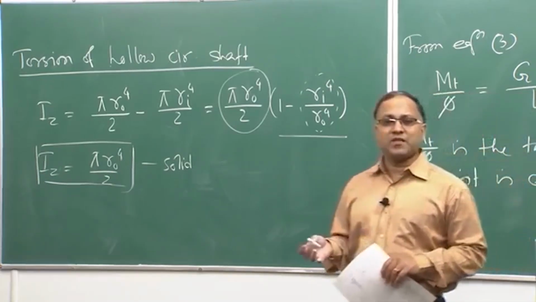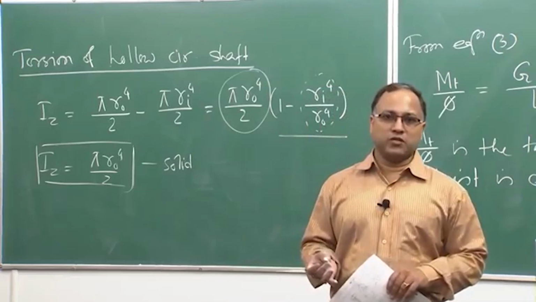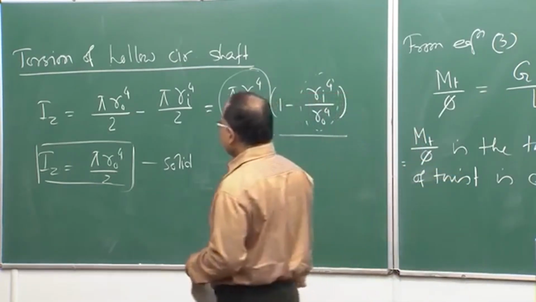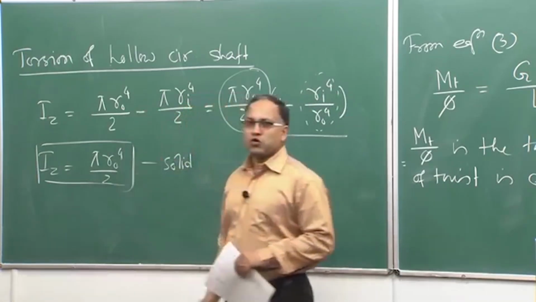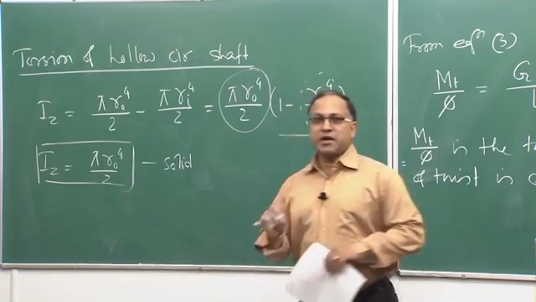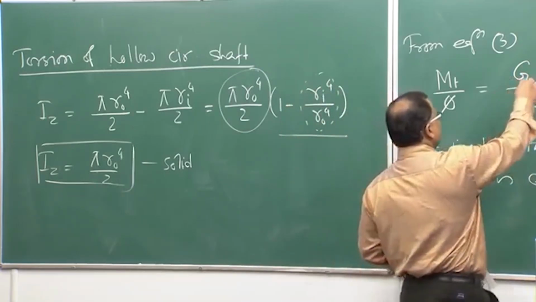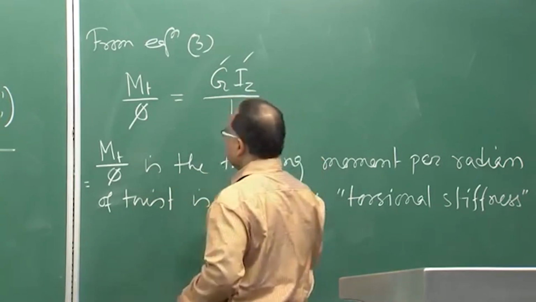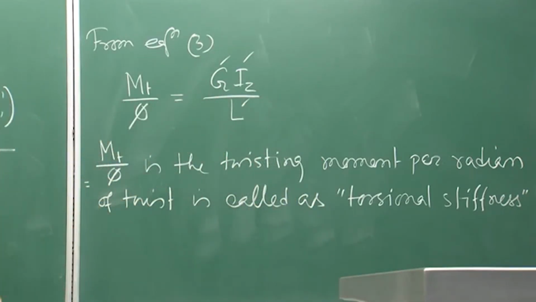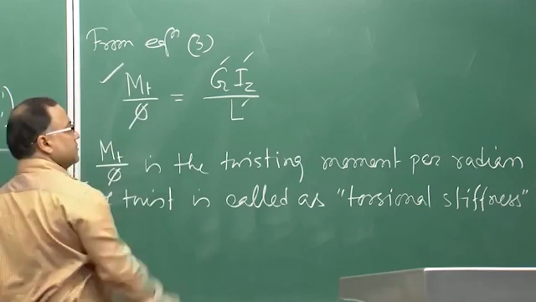Then what is the advantage of using a hollow circular shaft? The advantage is that you get almost the same polar moment of inertia, and if G, Iz and L are all the same, then you get the same amount of torsional stiffness.